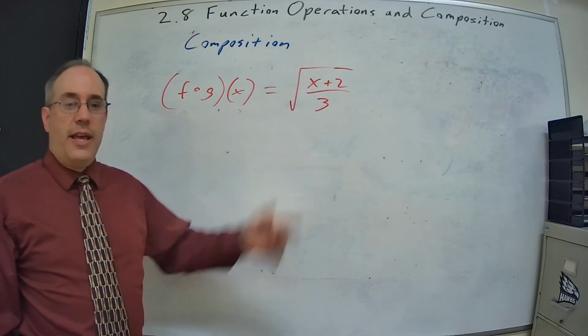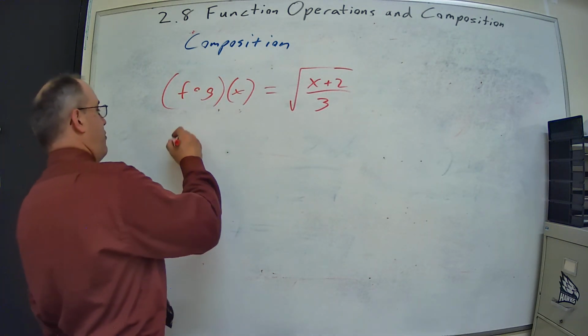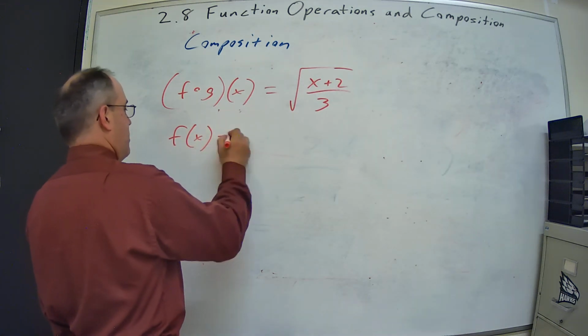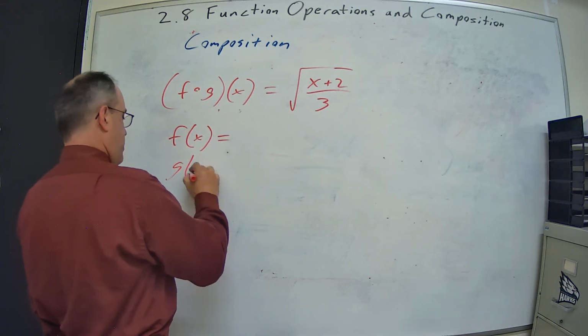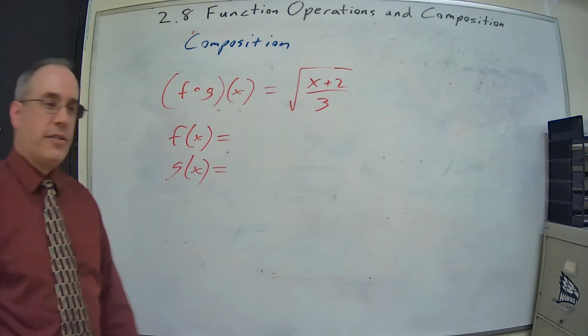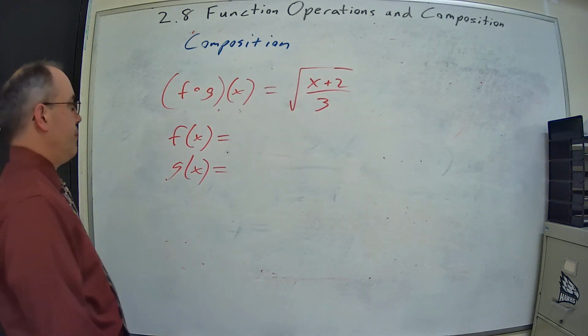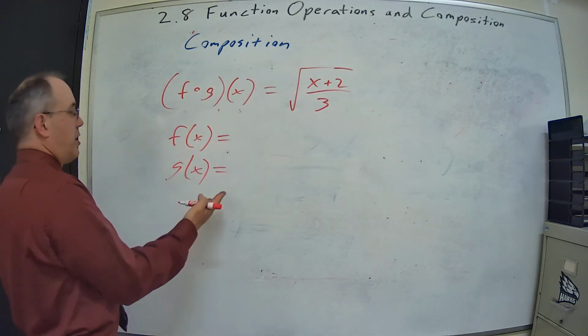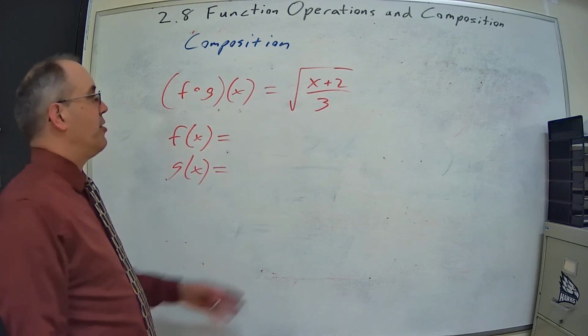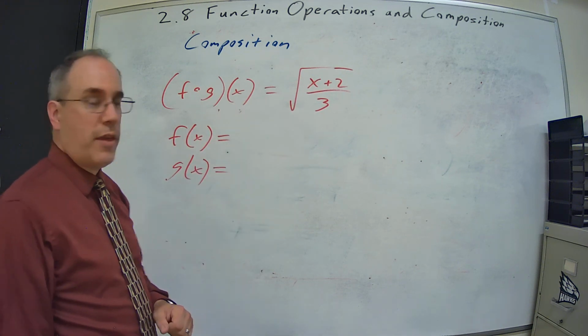And I say, give me f of x and g of x of that composite function. We're just looking for any functions that we can use that allow this to work.